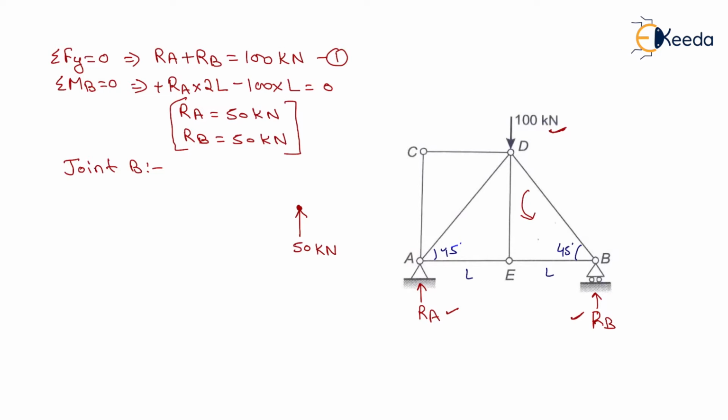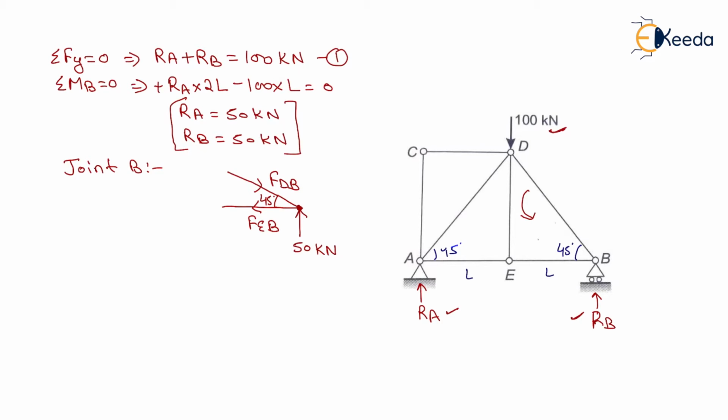Two members also connect at joint B: the inclined member DB and the horizontal member EB. The force in member DB will be FDB, and the force in member EB will be FEB. This angle is 45 degrees, which we have already determined.